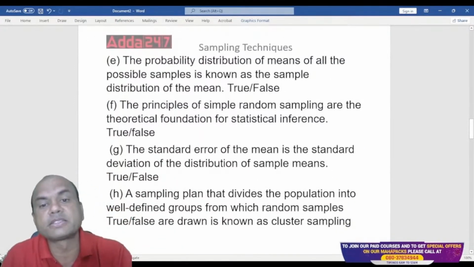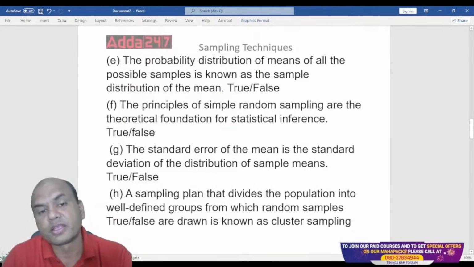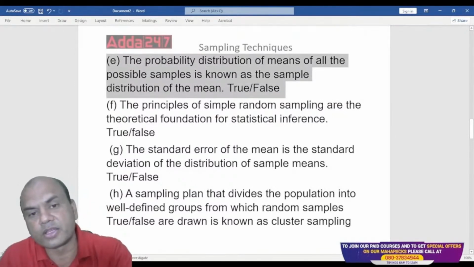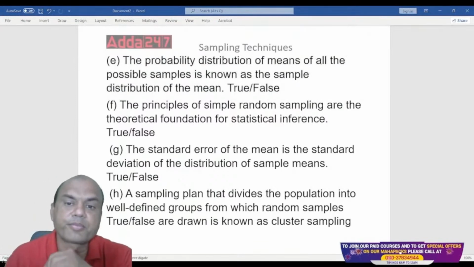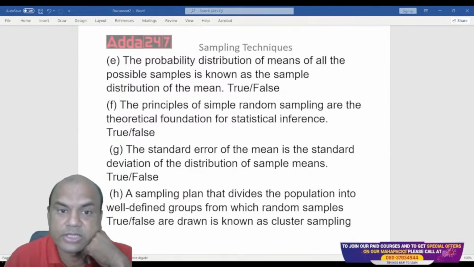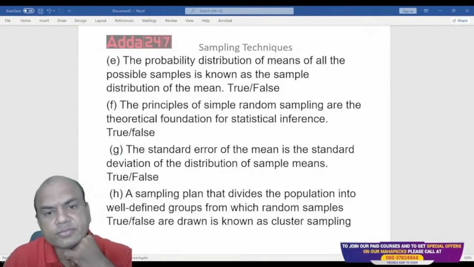The probability distribution of the means of all the possible samples is known as the sample distribution of the mean. Is this true or false?